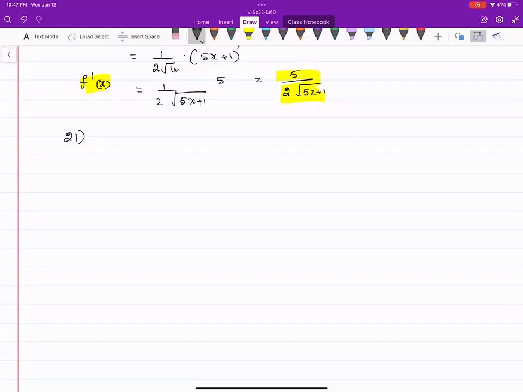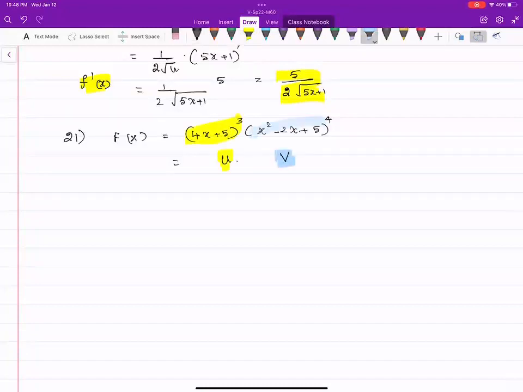Let's try number 21, which is uppercase F of x equal to (4x plus 5) to the power 3 times (x squared minus 2x plus 5) to the power 4. So we first consider this as u and v, where u is the first function and v is the second function.